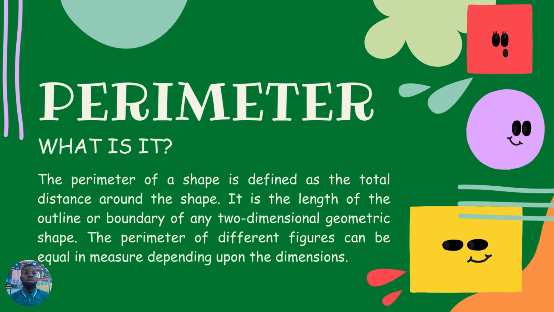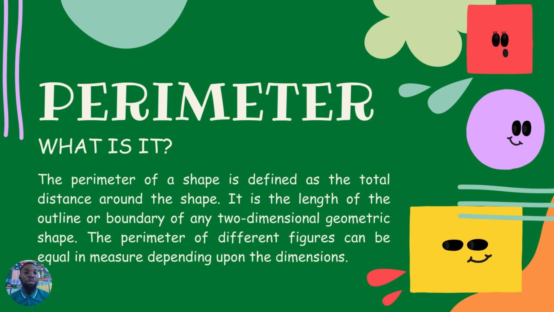And going to the perimeter. The perimeter of a shape is defined as the total distance around the shape. It is the length of the outline or boundary of a two-dimensional geometric shape.